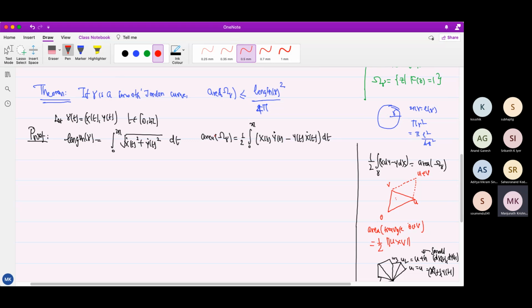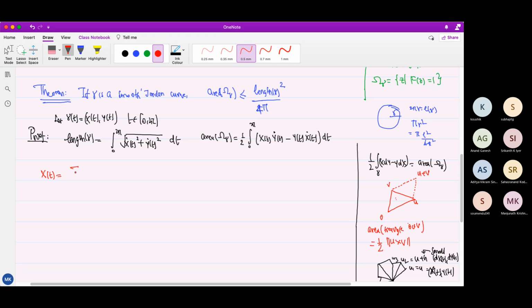Is that better? Then how do I write this one? Does anyone see? Maybe z bar dz, something like that. Okay, let me not be adventurous, just write separately.